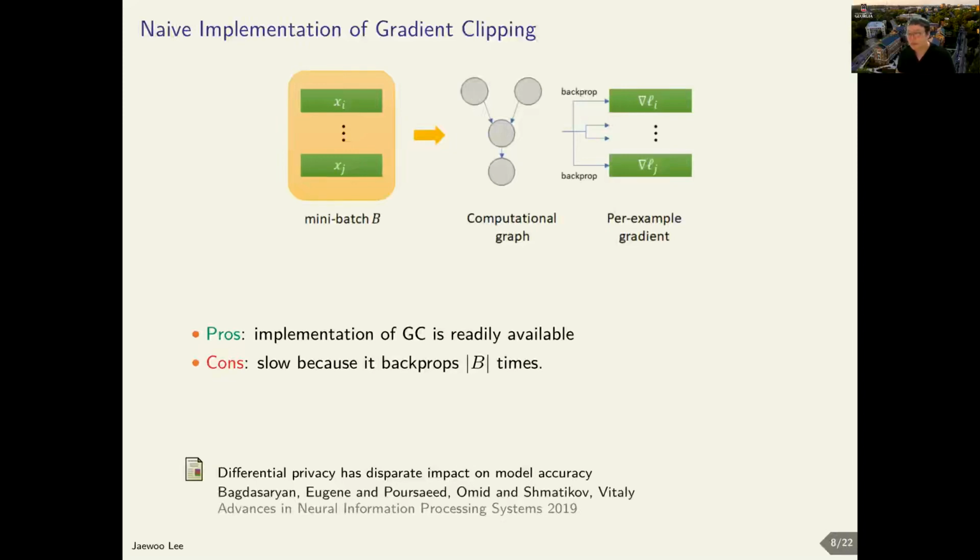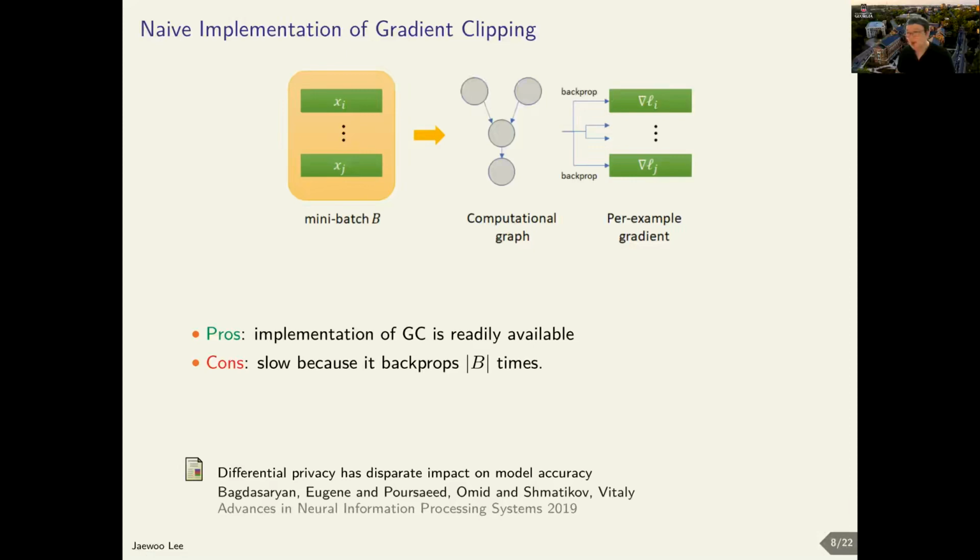So there exists a naive way to implement this gradient clipping using the existing deep learning framework. Given a mini batch of examples, we take one example and then backpropagate through the computational graph, which will give us the per example gradient. We repeat this process for all observations in our mini batch.